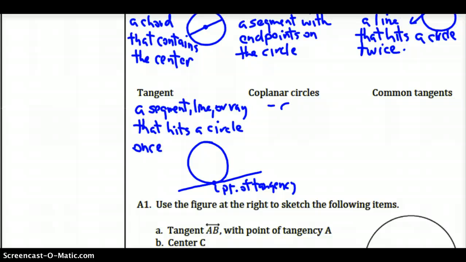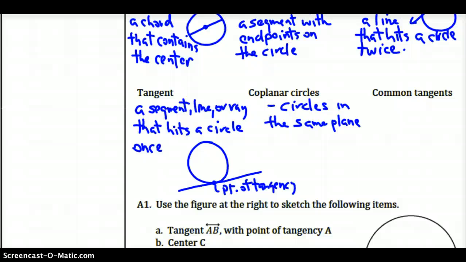Coplanar circles are circles in the same plane, and common tangents are lines, rays or segments that are tangent to more than one circle.